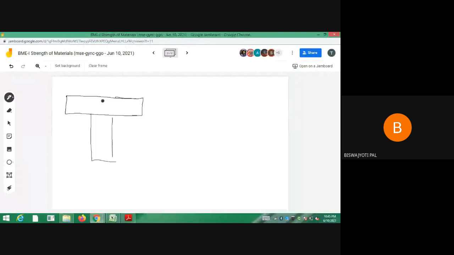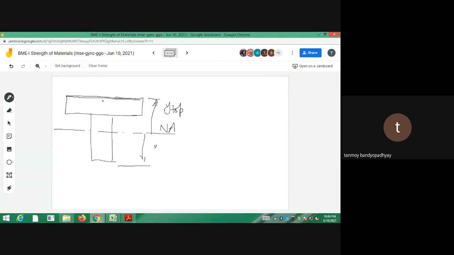These are the top fibers, up to there. All the top fibers will be in tension. This is the neutral axis, I am calling it NA. This is y top and this is y bottom.